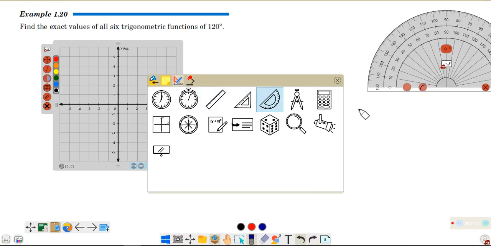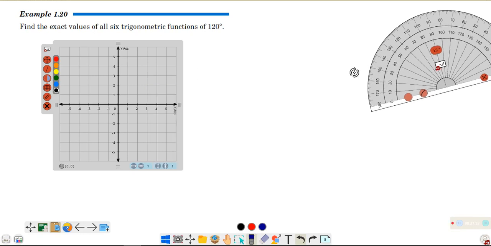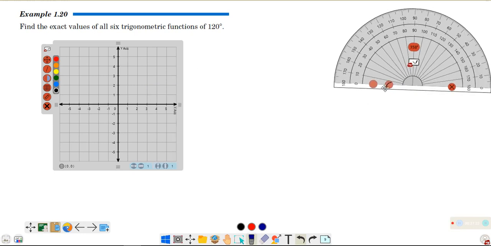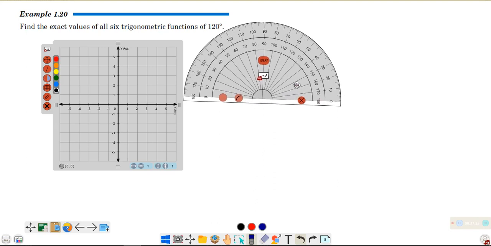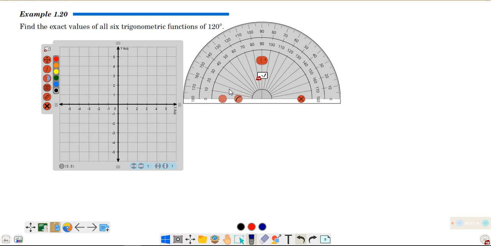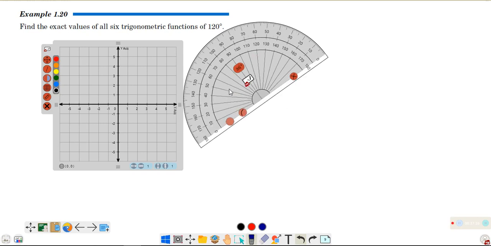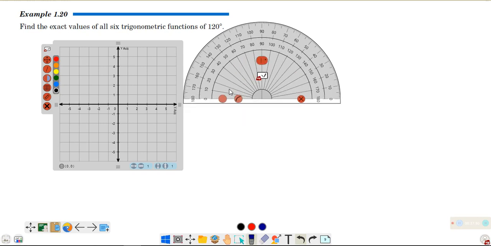Optional naman kung papanoorin nyo to, kasi may module naman kayo. Ayan. Gamit tayo ng protractor. Gawin natin siya.